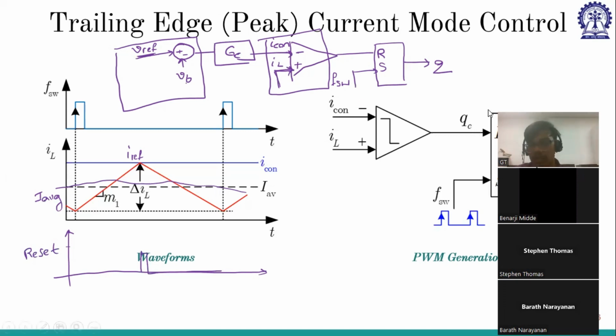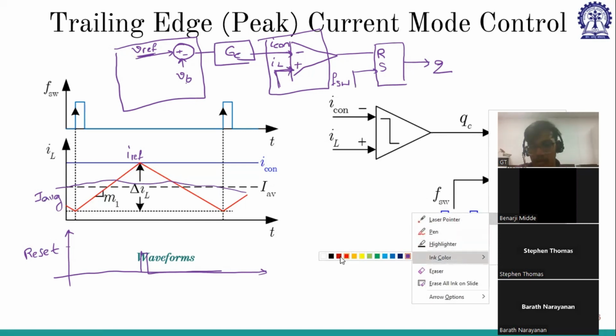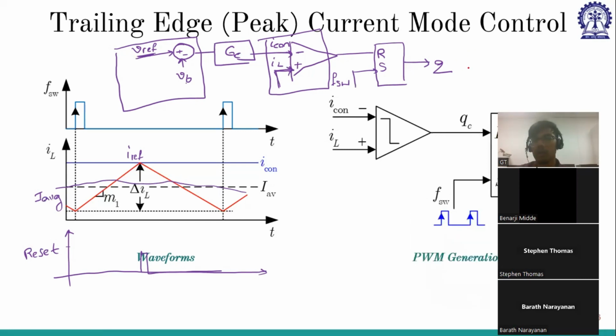now let me change the color. So for peak current mode control, set pulse is coming from FSW, and reset pulse will be coming from loop. This is for peak current mode control.